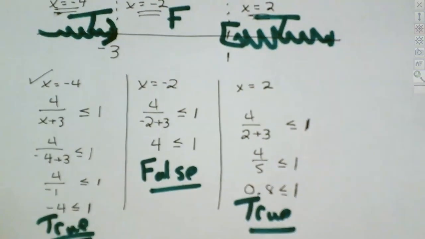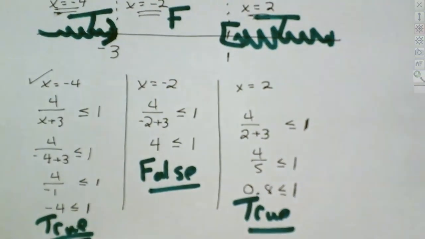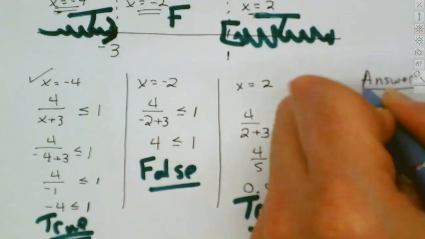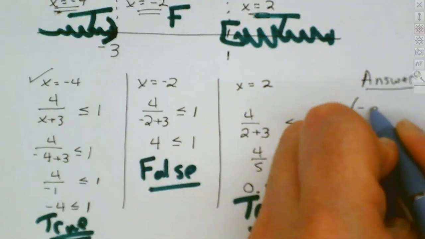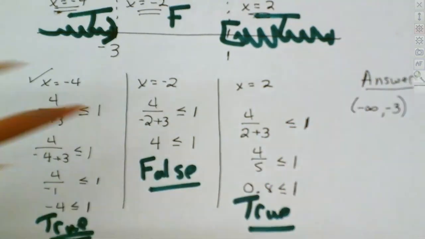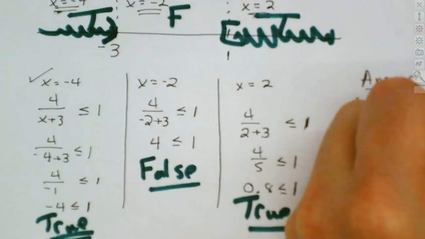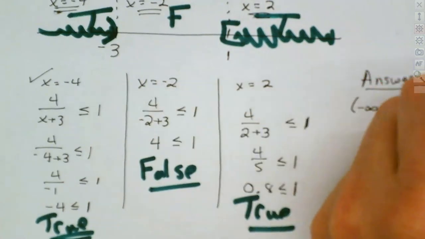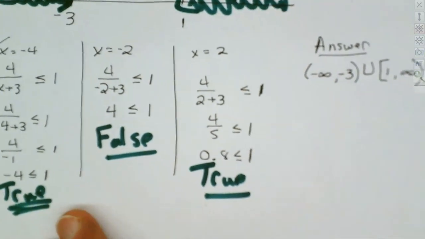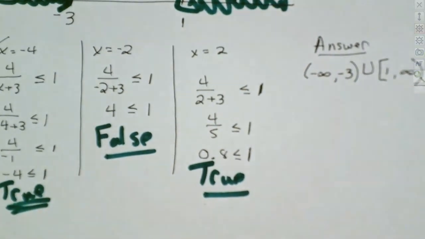I'll try to write it over here so I keep it all on the same screen. Well, the answer now, we want the true parts. So the answer would be -infinity to -3, parentheses. We use a U for union, 1 to positive infinity. Okay? And that's your answer. So that's all you need to do there.